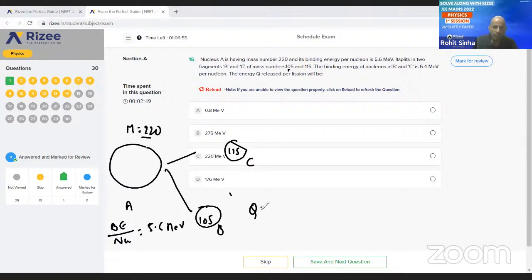So we can write the equation of Q in the nuclear reaction: binding energy of product minus binding energy of reactant. Binding energy of product: the mass numbers are 115 and 105, the total nucleons, and binding energy per nucleon is also given.